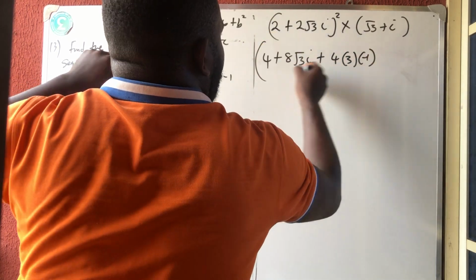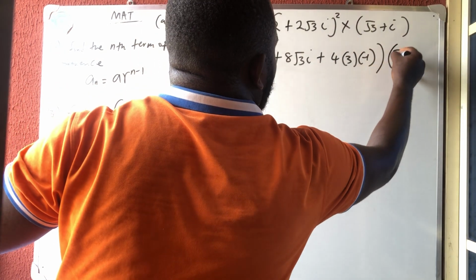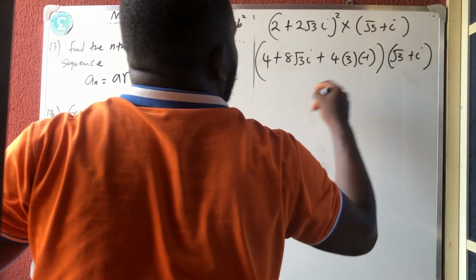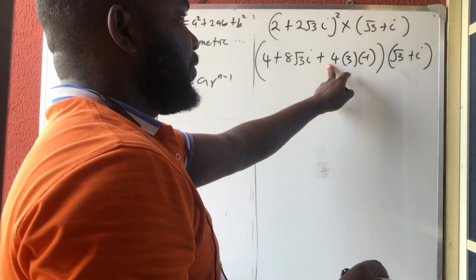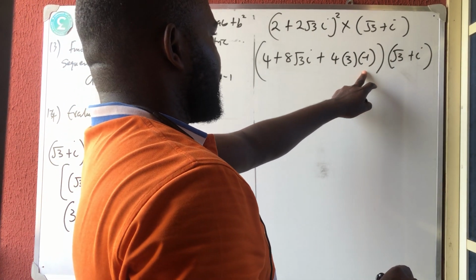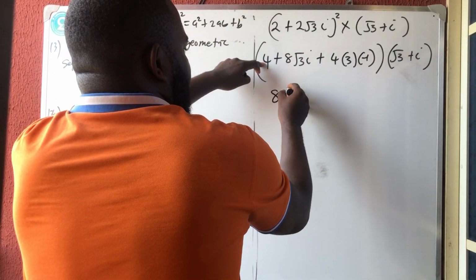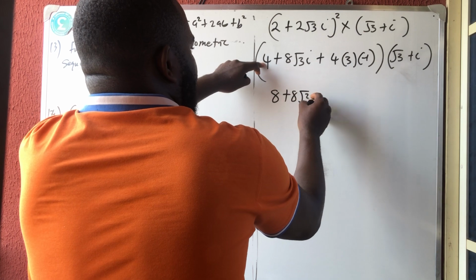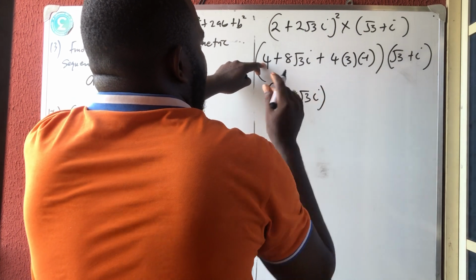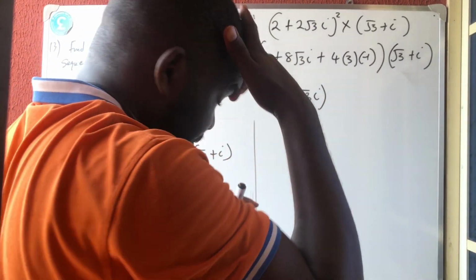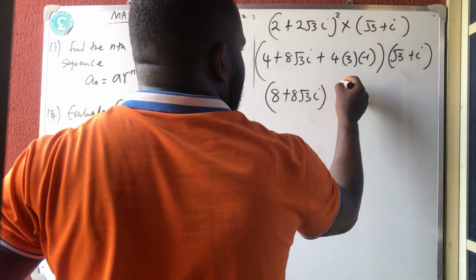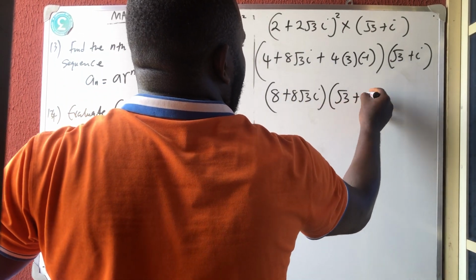Don't forget root 3 plus i. Now everything here is giving me minus 12. Minus 12 plus 4 is giving me 8. So I'm left with 8 plus 8 root 3i. Then this answer now times root 3 plus i.